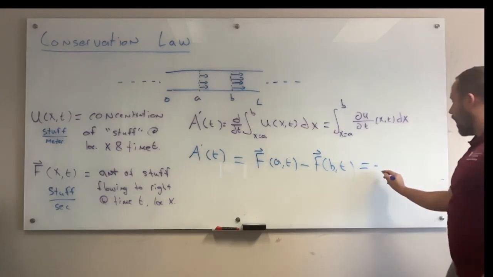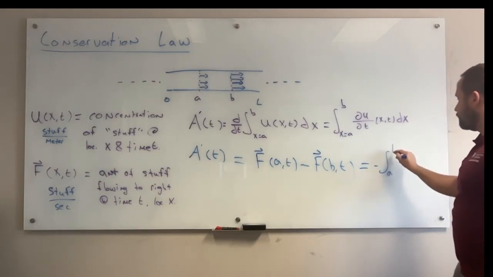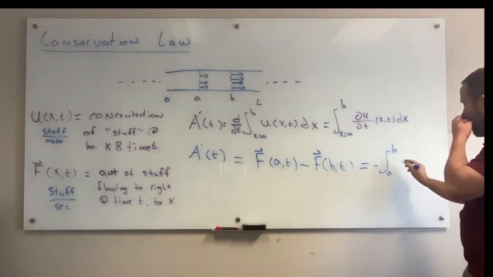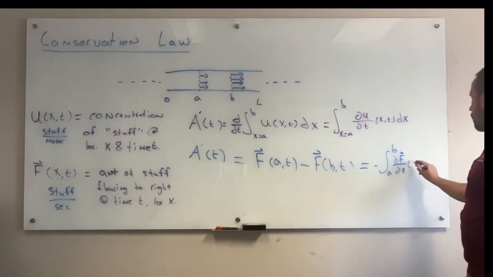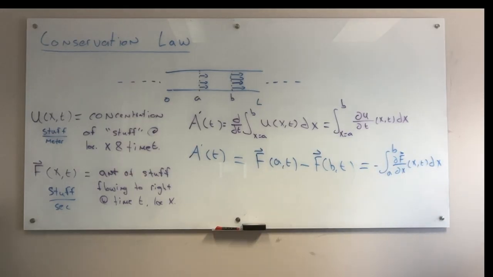So this is equal to minus the integral from A to B of the x derivative of f, like this. Okay, and again, let's make sure that the units are correct. So f has units of stuff per second.